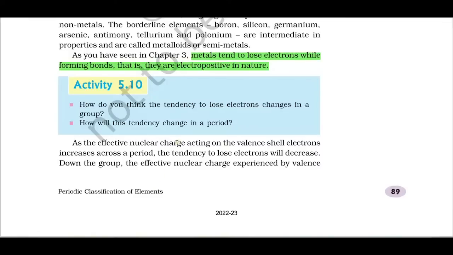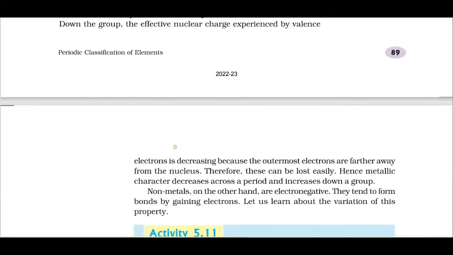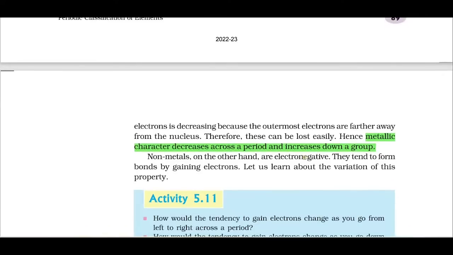As we move down the group, what happens? Increases. So metallic character decreases across the period and increases down the group. What is electronegative? They tend to gain electrons. Electronegative, gaining electrons; electropositive, losing electrons.